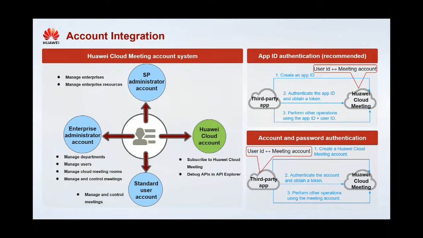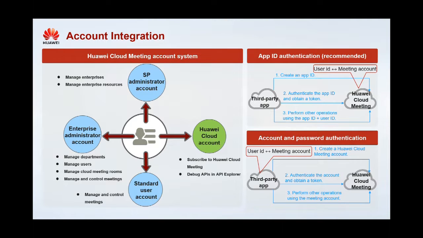Mode 2, Account or Password Authentication Mode. In this mode, the third-party app needs to create an independent Huawei Cloud Meeting account with its user ID to authenticate the account to obtain an access token.